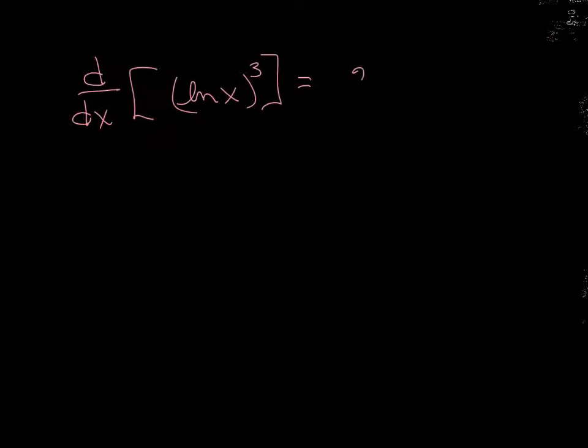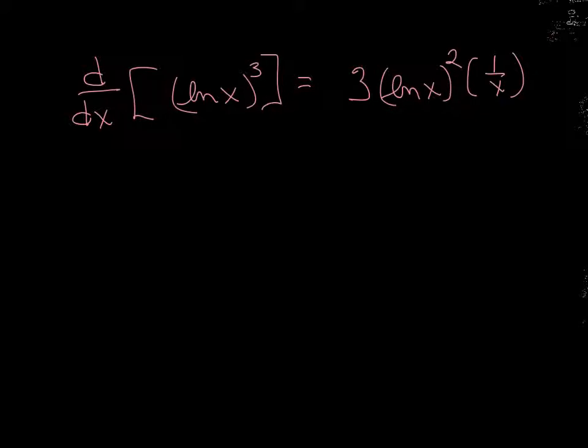And then let's look at one that would involve the chain rule. The derivative of the natural log of x cubed. Here we have to use the chain rule, which says we take the derivative of the outer function times the derivative of the inner function.